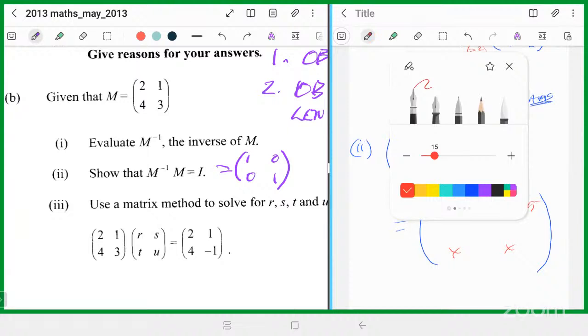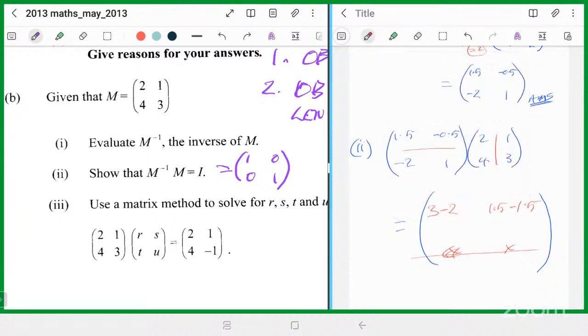Then the value down here is in the second row, first column. To get it, multiply the second row by the first column, the same way again. Negative 2 times 2 is negative 4, then 1 times 4 is positive 4, which comes to 0.